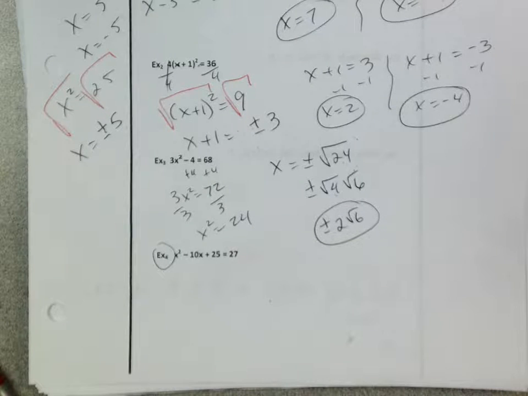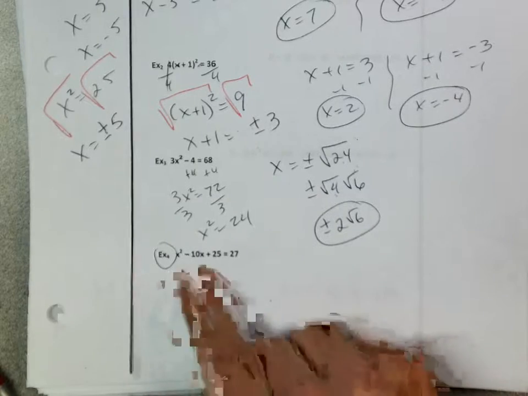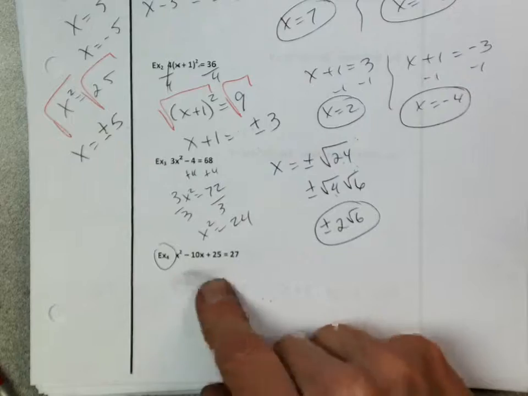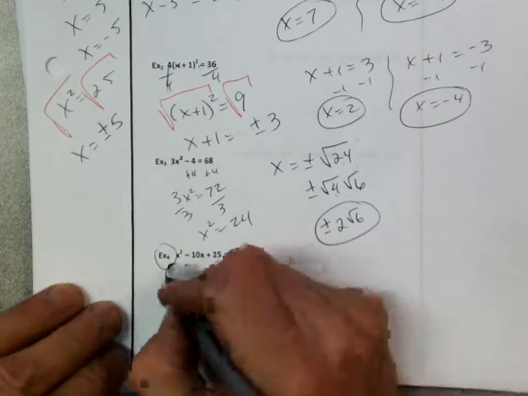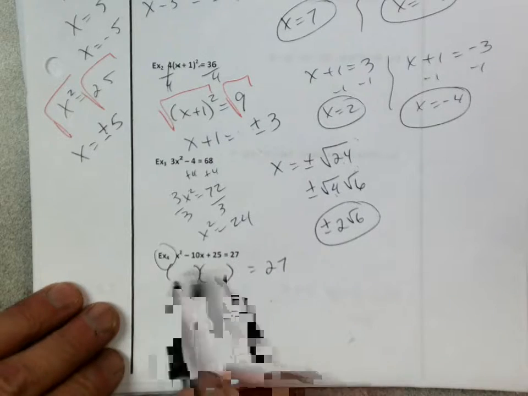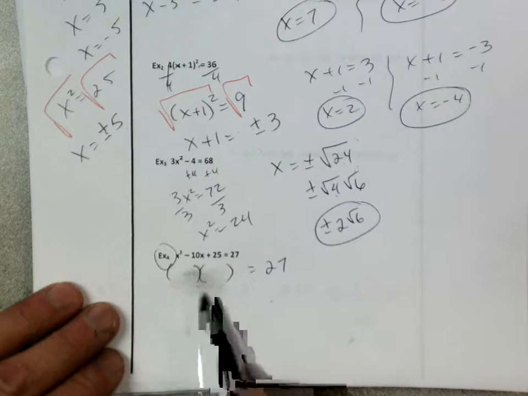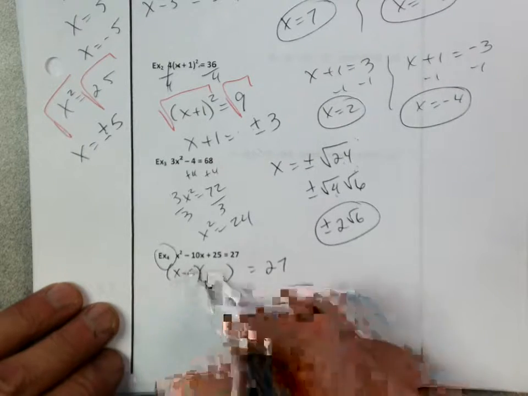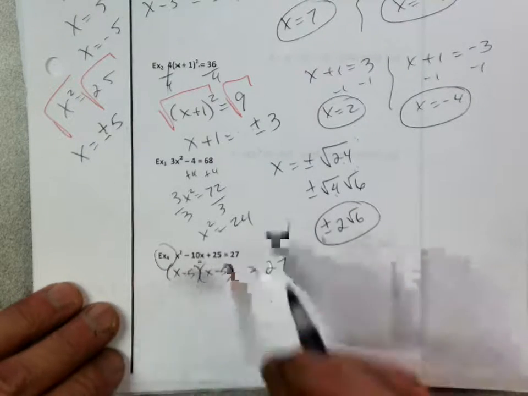Does anybody see anything special about this? I do. This can factor. What would this factor into? You guys agree with Austin? I do. X minus 5, x minus 5.